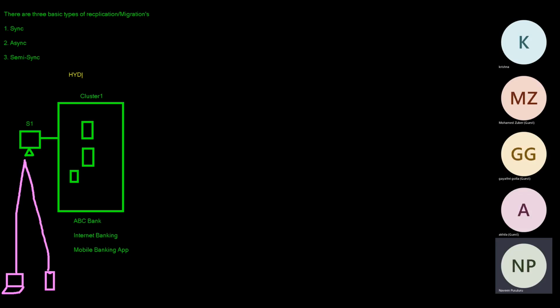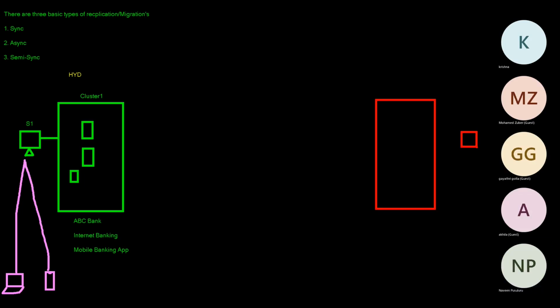So in order to avoid these kinds of situations, what I'm going to do is build another storage in a different geographical location, and I'll host another server there as well.